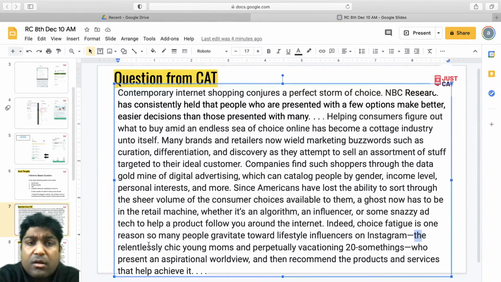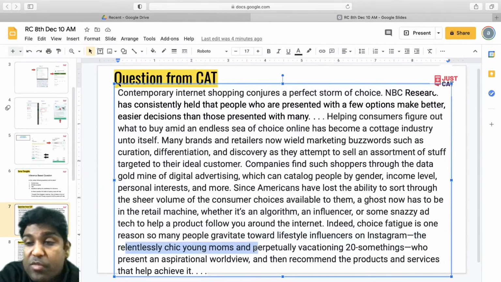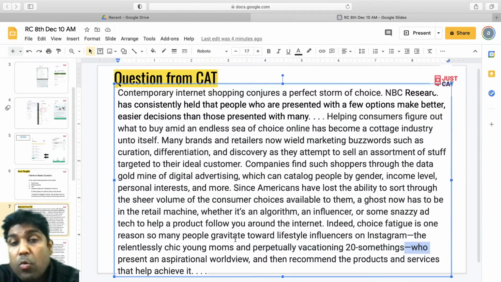The relentlessly chic young moms and perpetually vacationing 20 somethings who present an aspirational worldview and then recommend products and services that help achieve it.